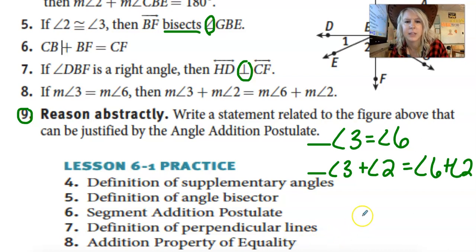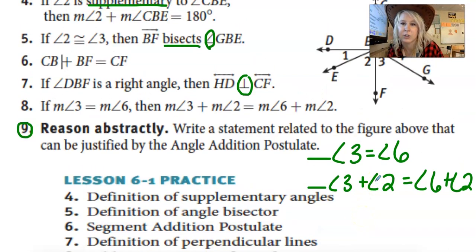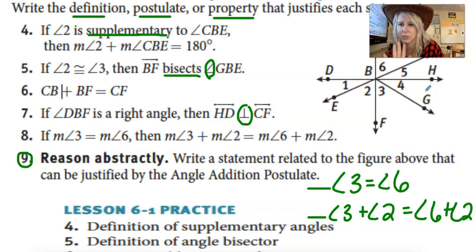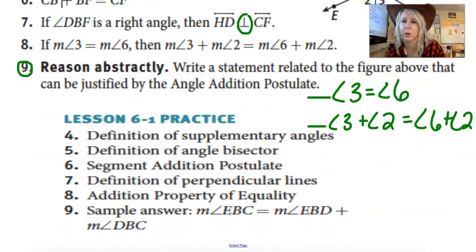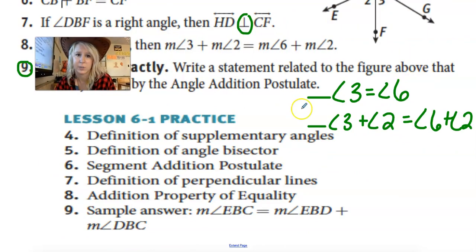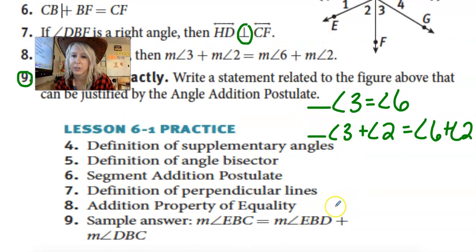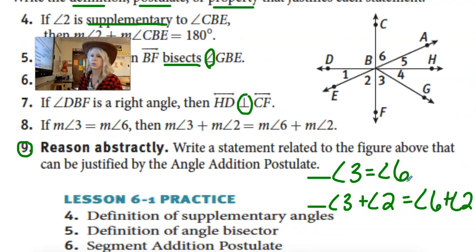All right, last but not least, write a statement related to the figure above that can be justified using the angle addition postulate. There are so many answers to this one, so I'm just going to share one out, and if you want me to check yours, let me know. But it says the measure of EBD, so EBD is here, angle 1.